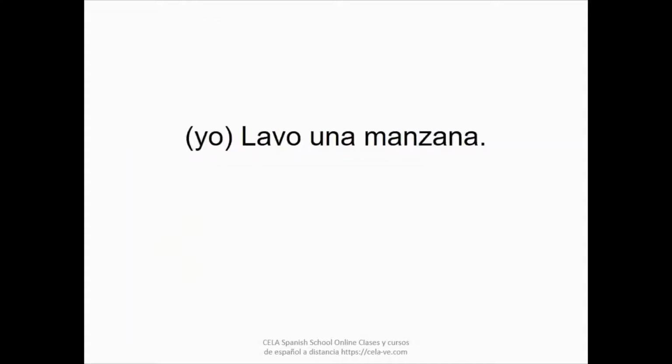In a sentence with a common verb like this, lavo una manzana, we have a subject. Yo lavo. The information about who the subject is already included in the verb conjugation.